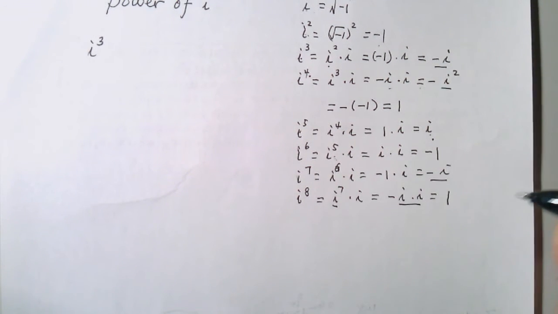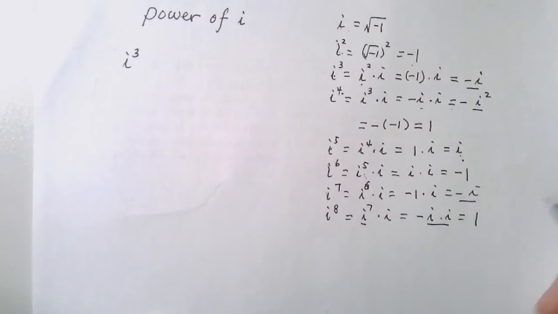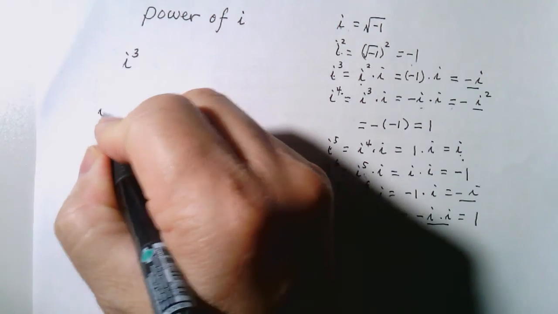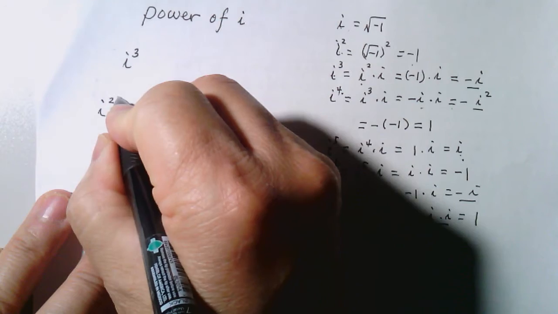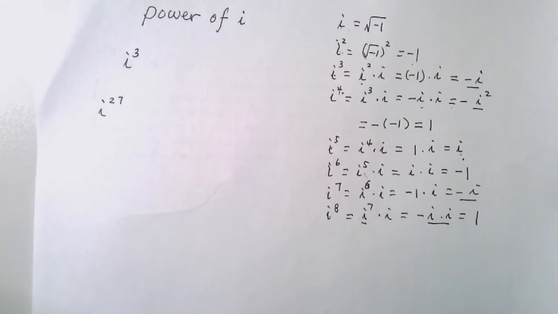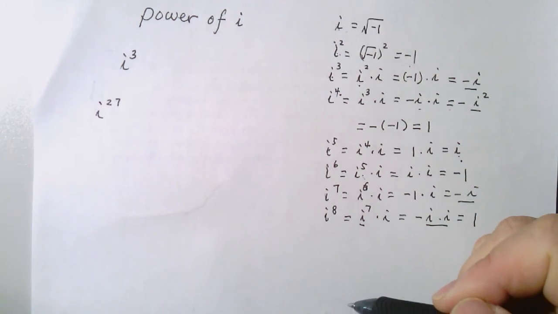So in order to solve a problem like this, say for example, if I have i raised to a higher power, say 27, to work out i to the 27th would take a long time.